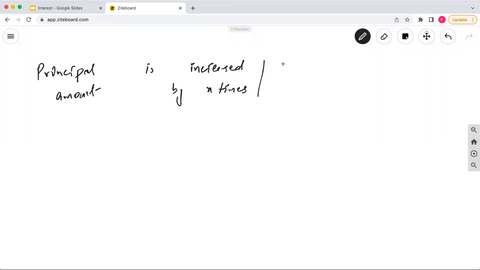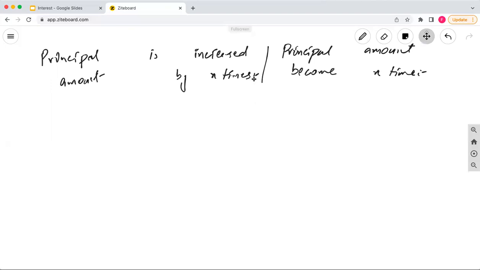And the next thing is the principal amount becomes X times. These are two totally different things, right? If I say I invested 1,000 and after 3 years the investment becomes 3 times, and if I say I invested 1,000 and after 3 years the investment increased by 3 times, both are different things. To understand it, let's see a basic scenario.